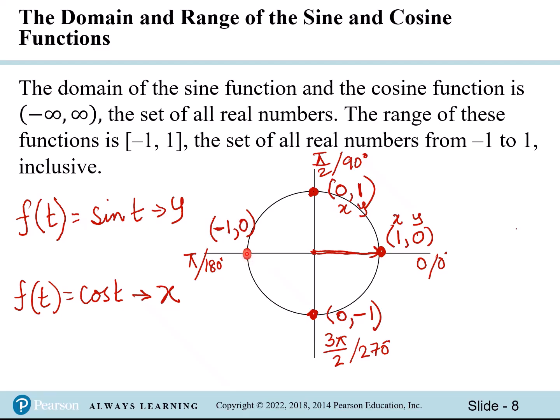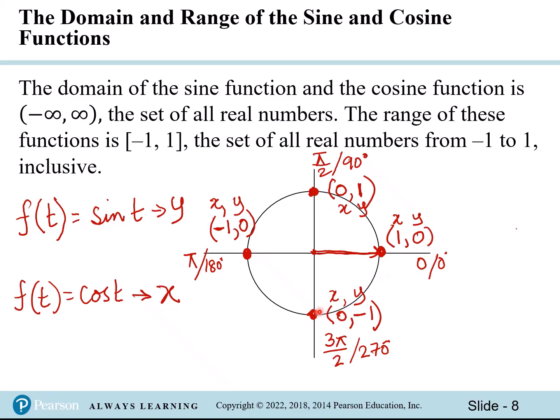Y is 0. This is y, this is x. And then it starts decreasing further and we get a y value of -1, so x comma y. And then it starts increasing from -1 and comes back to 0 again. So you see the lowest value that y takes is a -1.